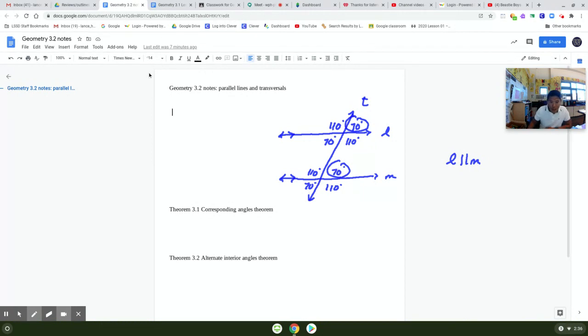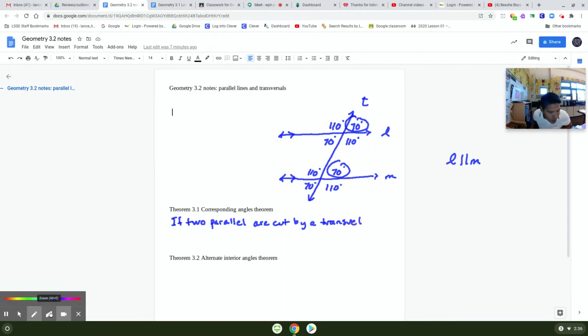So the corresponding angles theorem is if you have two parallel lines, so again, the prerequisite there is that the lines have to be parallel, are either cut or intersected, same thing, by a transversal. Notice how I'm writing this as well as a conditional statement.